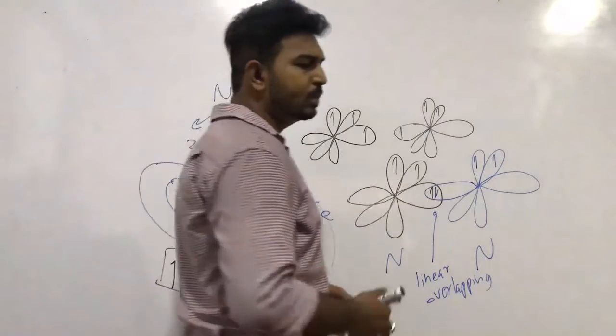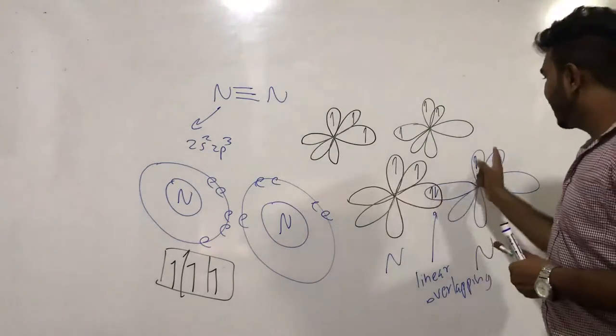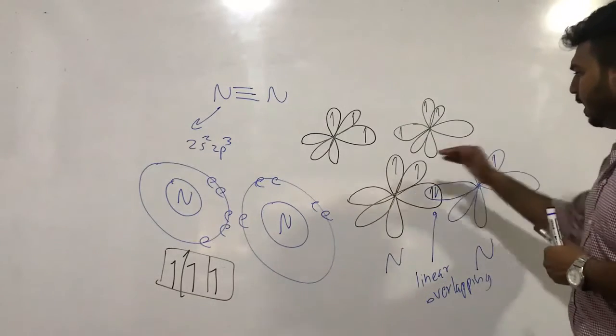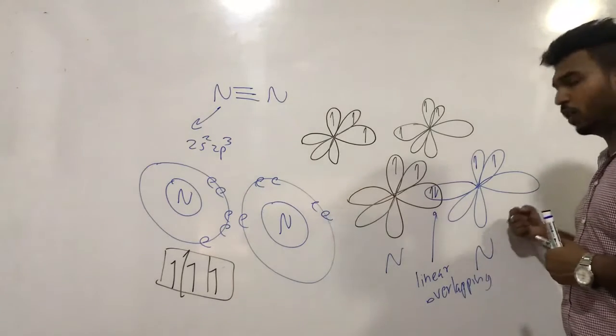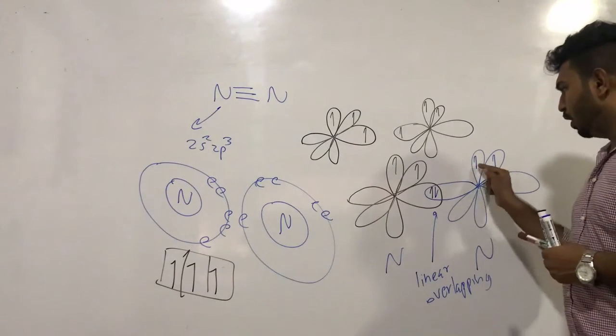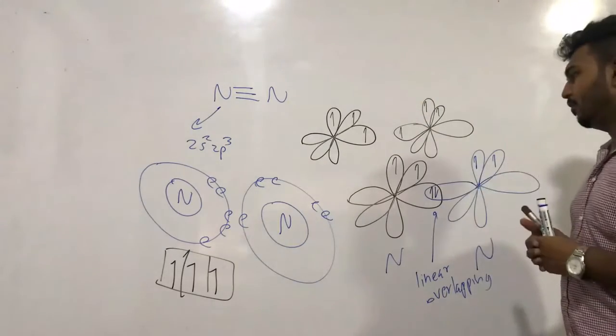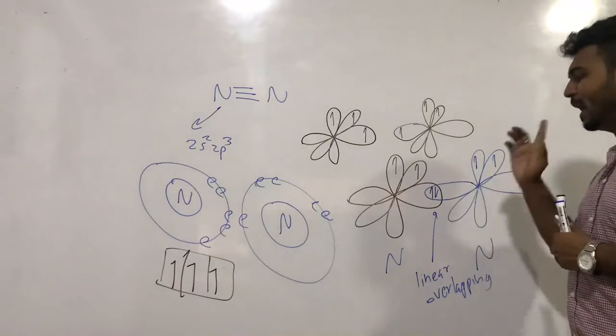After these are overlapped, there are 2 unpaired electrons in this orbital and 2 electrons in this orbital. So these orbitals will also be chemically attracted, but the attraction force is weaker than this one.